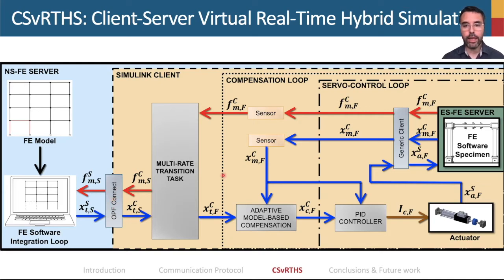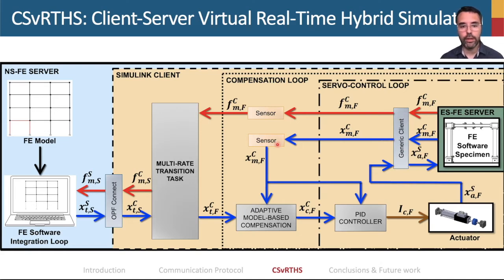Additionally, we can enable other servers. For instance, in this case, we have a specimen that is also modeled using a finite element software like OpenSees, and we can create the communication using another interface called generic client.